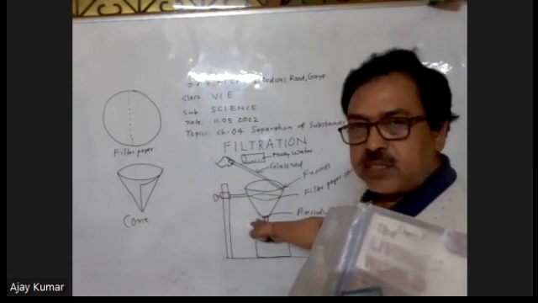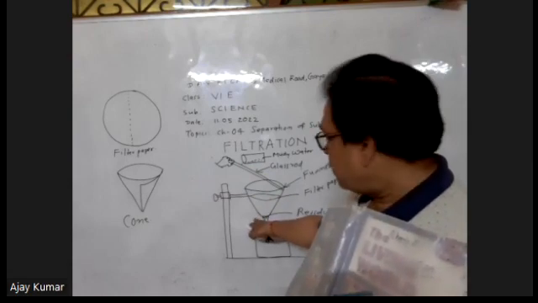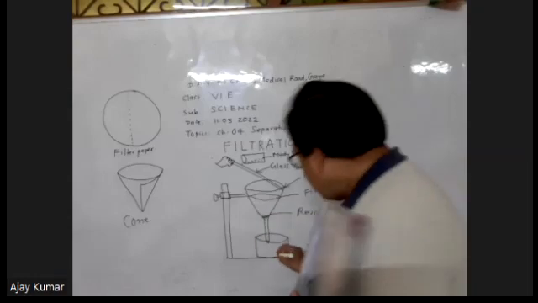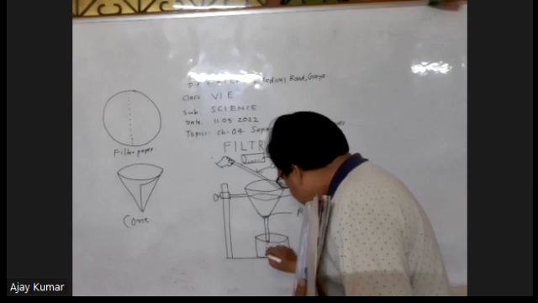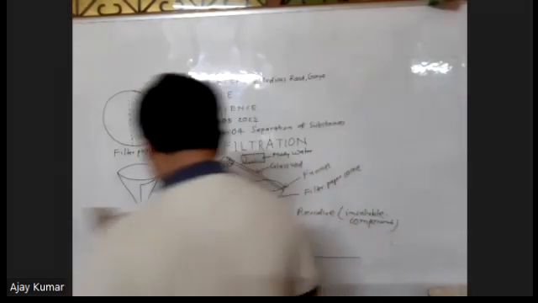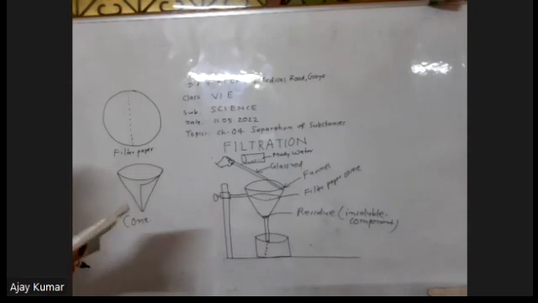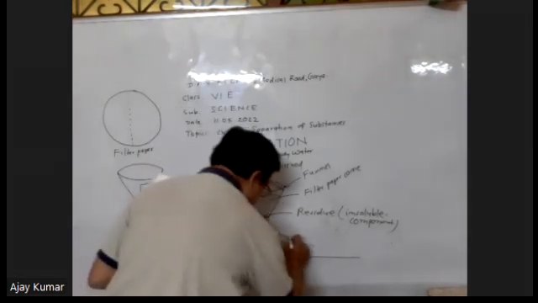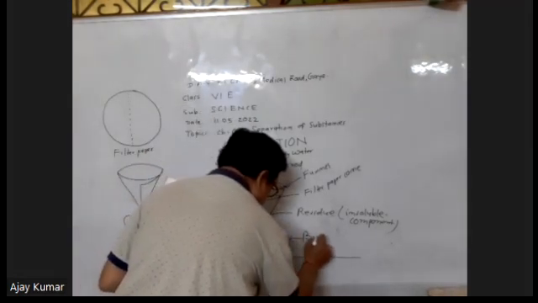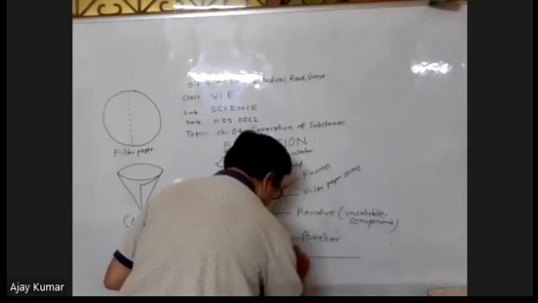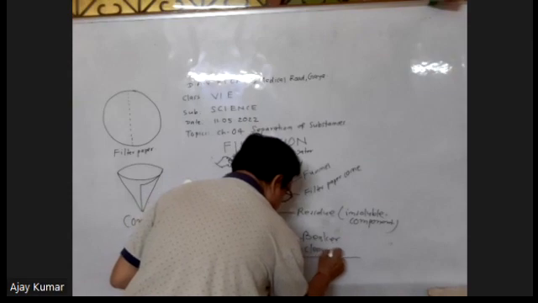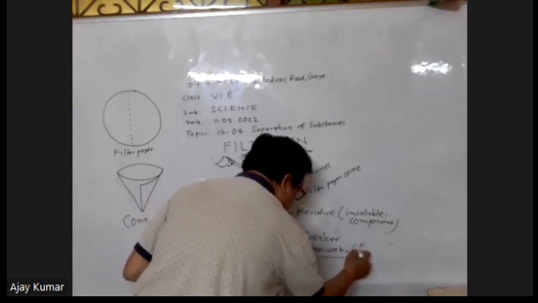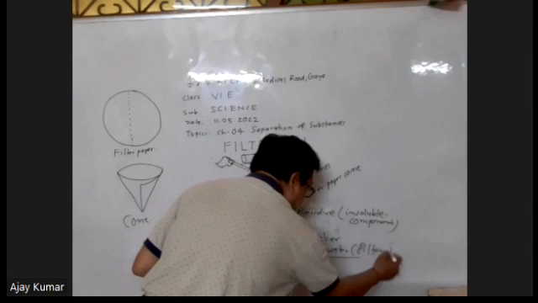Residue material is filtered at the mouth of the funnel, and clear water comes into the beaker. Clear water is obtained. It is called filtrate.